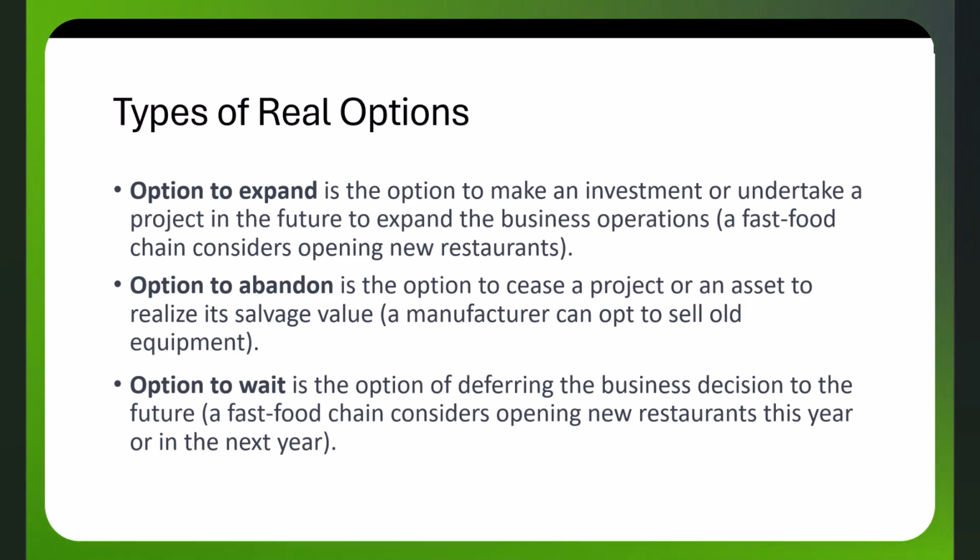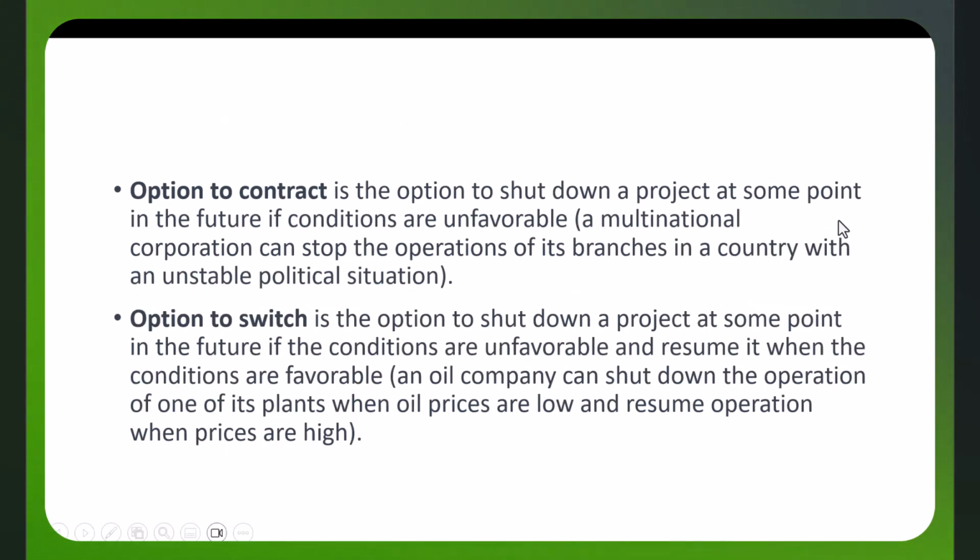The option to wait is the option of deferring the business decision to the future. For example, a fast food chain considers opening new restaurants this year or in the following year. The option to contract is the option to shut down a project at some point in the future if conditions are unfavorable.